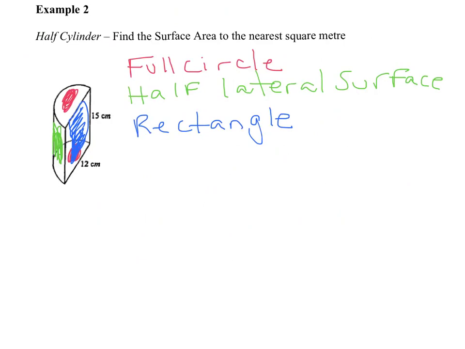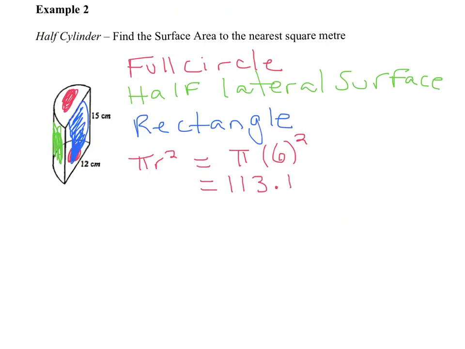So the full circle, pi r squared, okay, we would have pi times the radius. We're given the diameter here being 12, so we would say that the radius is 6. We want to square that. So that's 113.1.